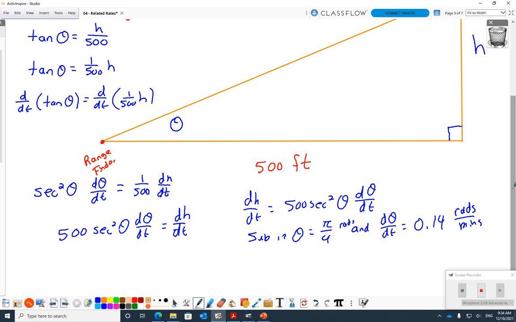Ooh, I'm low on space here. dH dt equals 500 secant squared pi over 4 times 0.14.